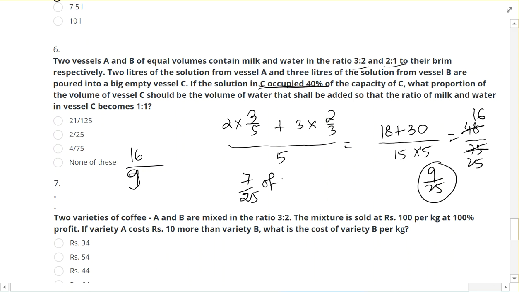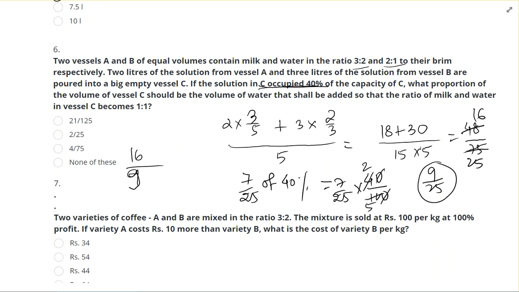So 7 by 25 of 40%. So 14 by 125, that means none of these.